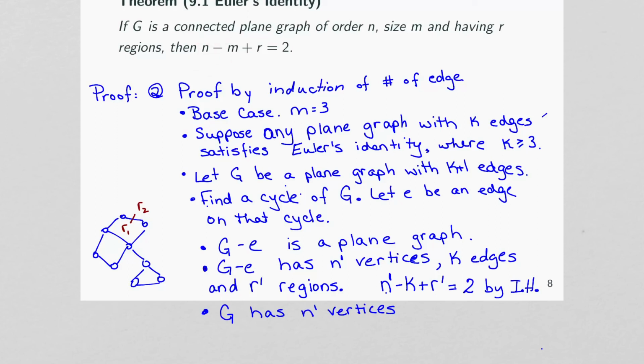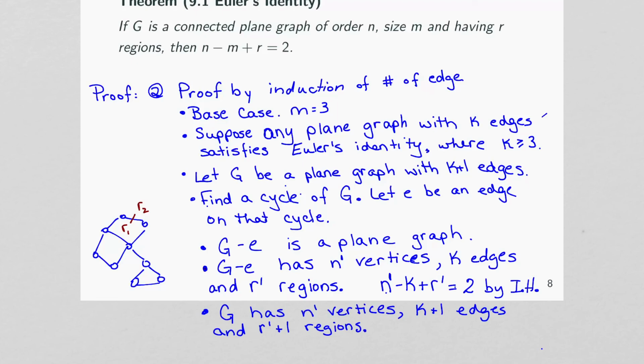It has k plus 1 edges, and it has r prime plus 1 regions. Because when I deleted that edge from G, I decreased the number of regions because I combined two regions into one.